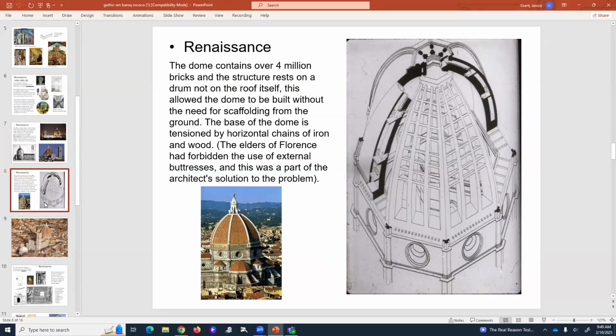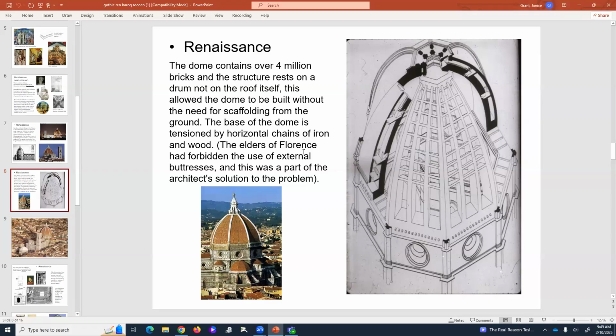So the dome contains 4 million bricks, and the structure rests on a drum, not on the roof itself. This allows the dome to be built without the need for scaffolding from the ground. Base of the dome is tensioned by horizontal chains of iron and wood.